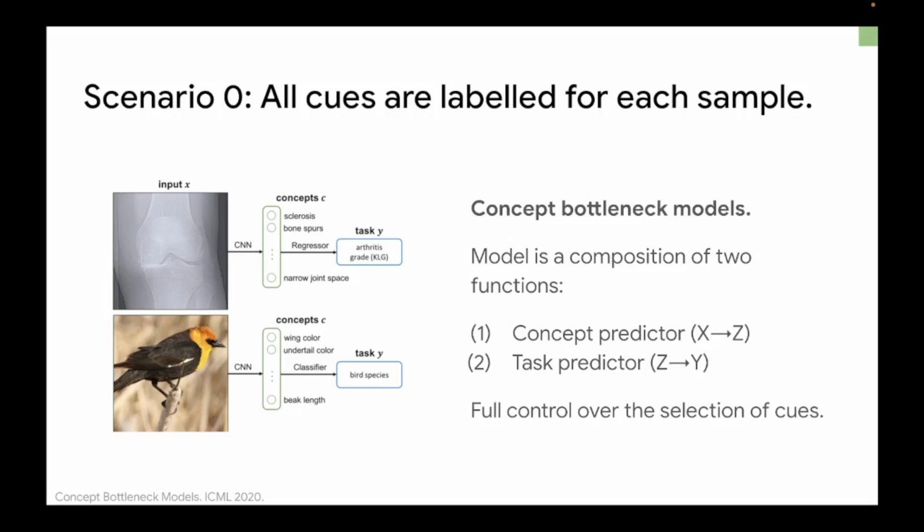But in the paper, they propose to train everything jointly, also including the training for the whole model from the input to the task label. Here we have a very good control over the selection of cues for the model. If you identify that the final prediction is relying on some cues which are not so reliable, you can explicitly remove the feature from making the prediction by setting the corresponding predictions to 0 all the time.